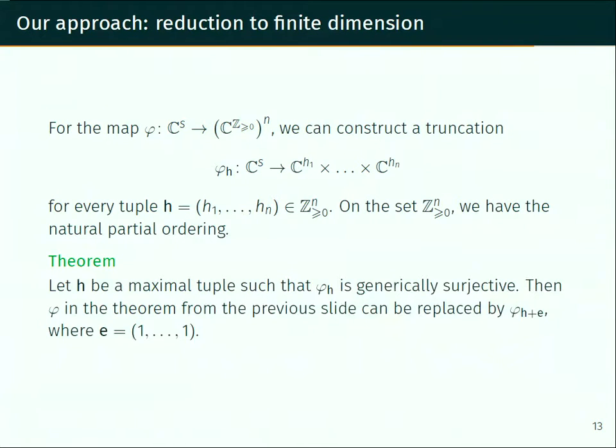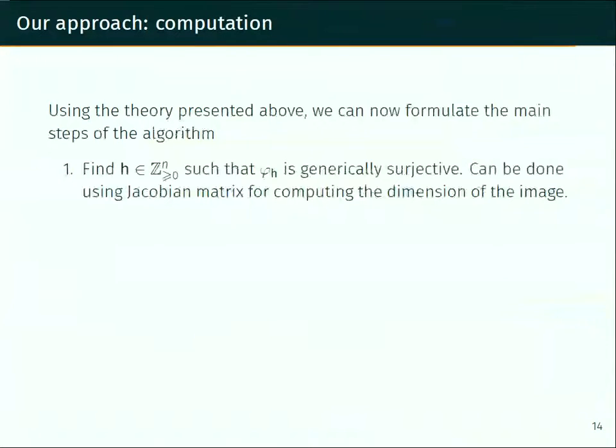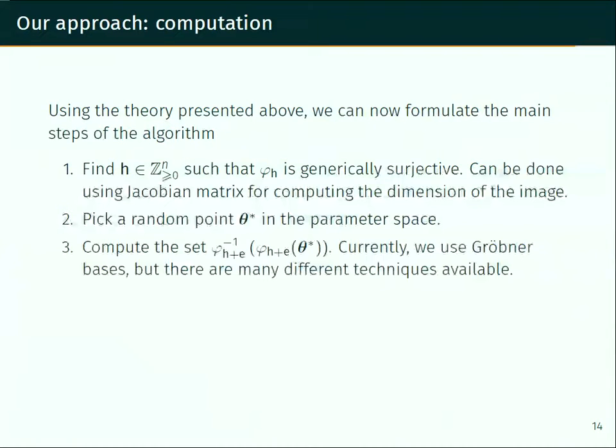And then this truncation carries enough information to make a decision about identifiability. So I can replace phi in the theorem on the previous slide by this one. And there is an algorithm to calculate this. I will say about the algorithm.